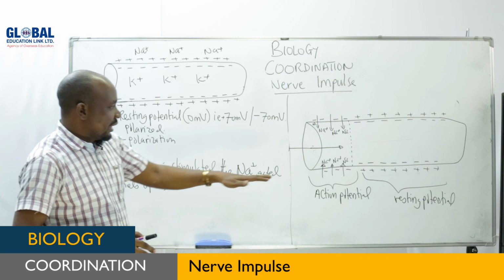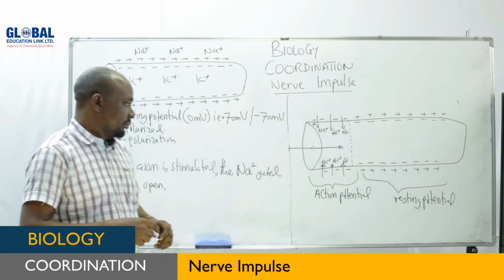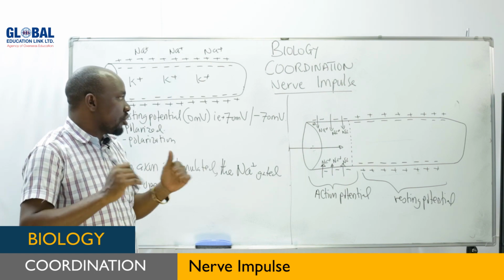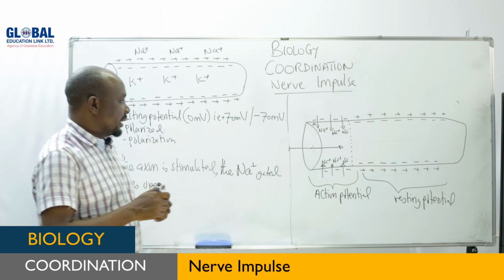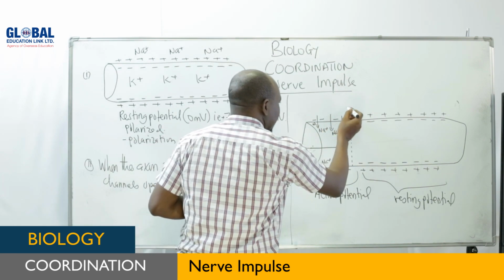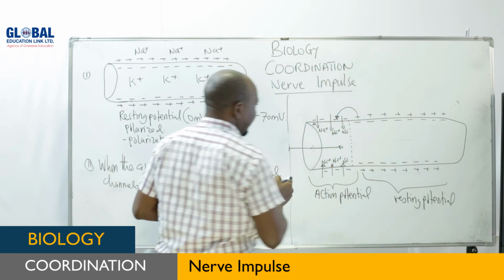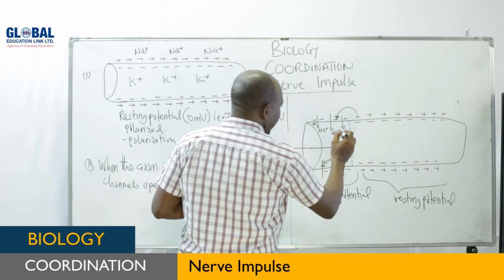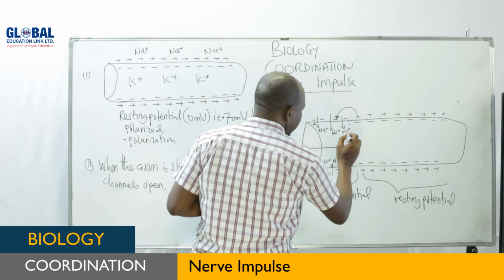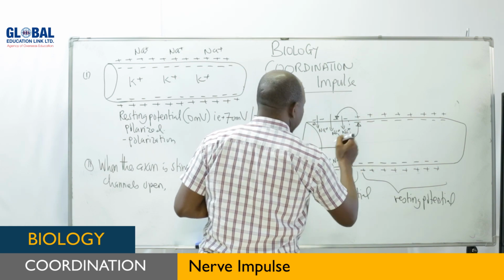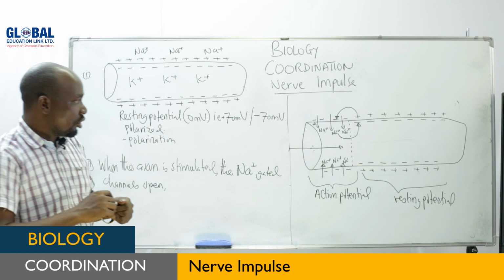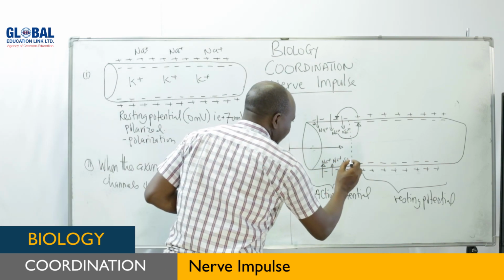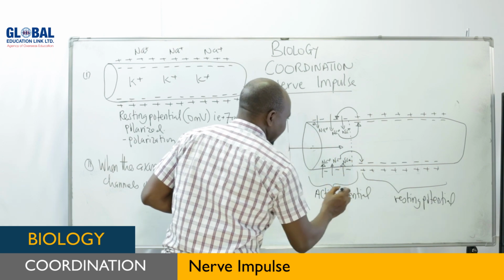Therefore, the change of these ions creates the so-called local circuit. The local circuits are built between the ions. So the positively charged ions and the negatively charged ions create a local circuit. Also here, there is a local circuit created.